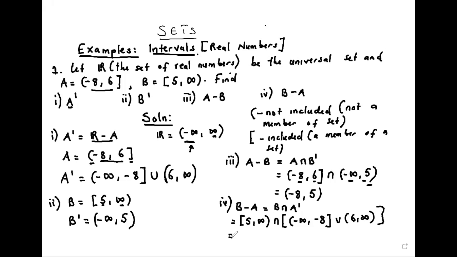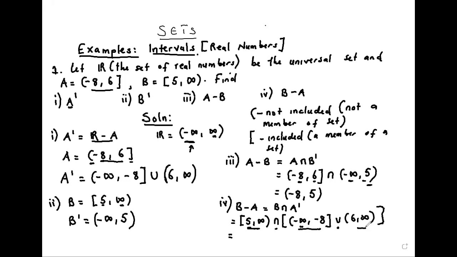What is the intersection here? Remember, you must check. We have 5 and negative infinity. Because this is the intersection, intersect this one versus this one, and then union this one versus the other one.